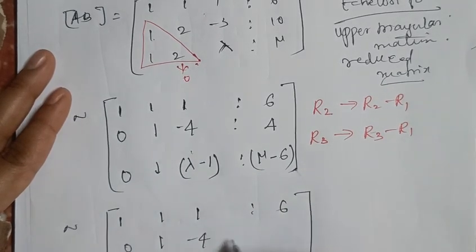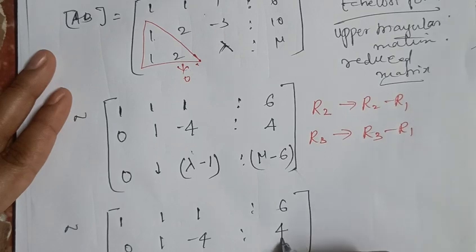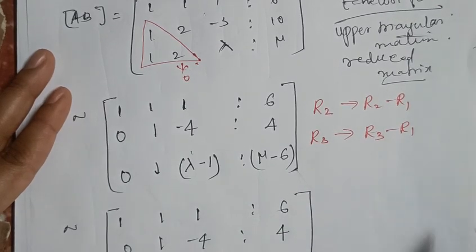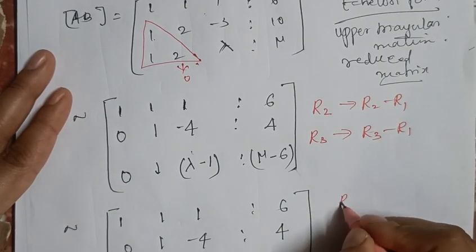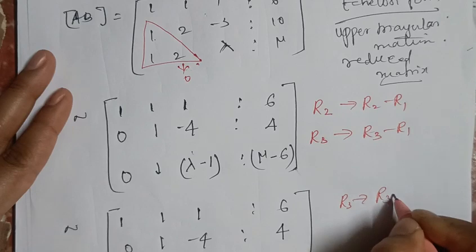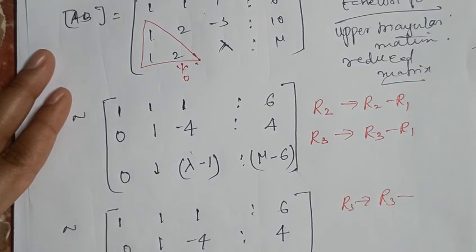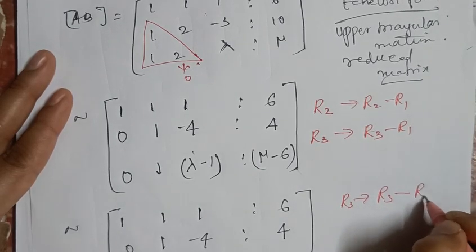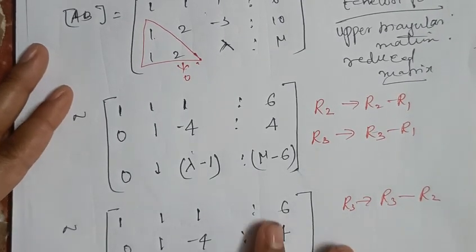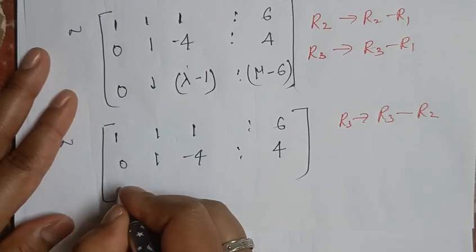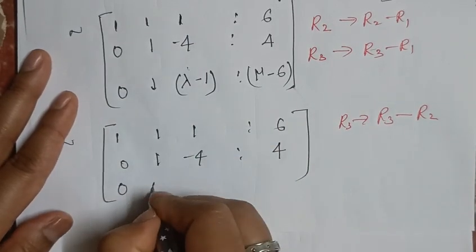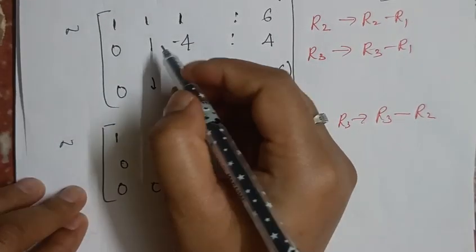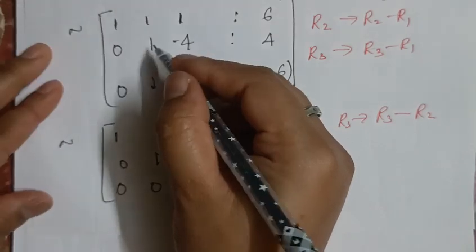I do not have to make any changes. Now row 3 I will change to row 3 minus row 2, because I want to make this 0. If I perform this operation, it will become 0. 1 minus 1 is 0, 0 minus 0 is 0, 0 minus 1... 1 minus 1 is 0. Correct?